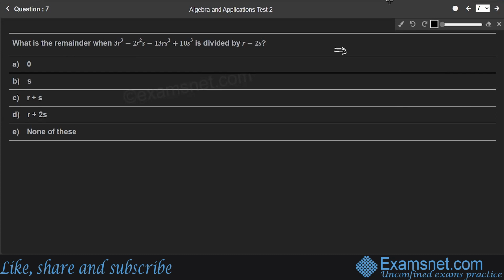So r minus 2s is a factor. Therefore, r minus 2s is equal to 0, which implies r is equal to 2s.